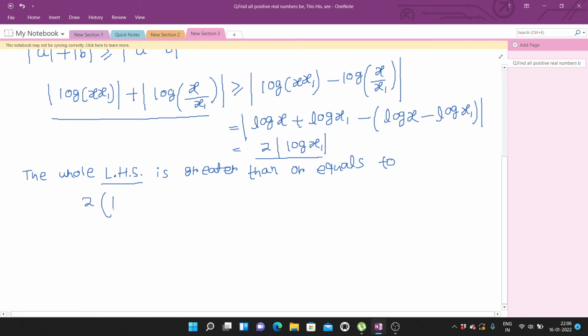Take 2 common, and we have modulus of log x1, modulus of log x2, and similarly modulus of log xn.